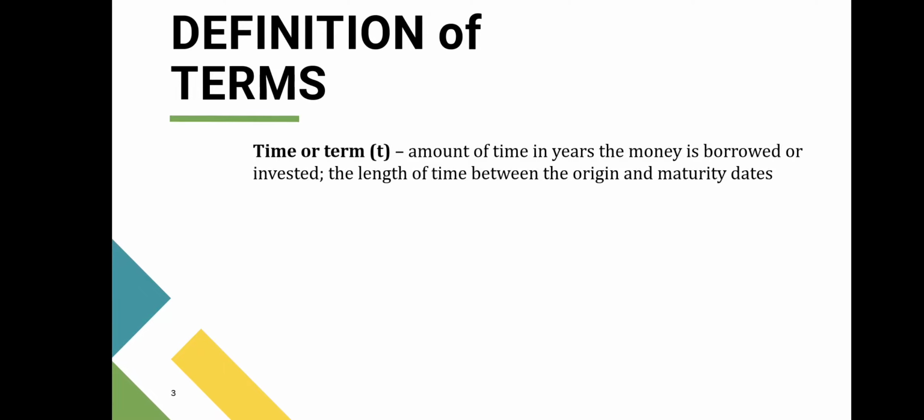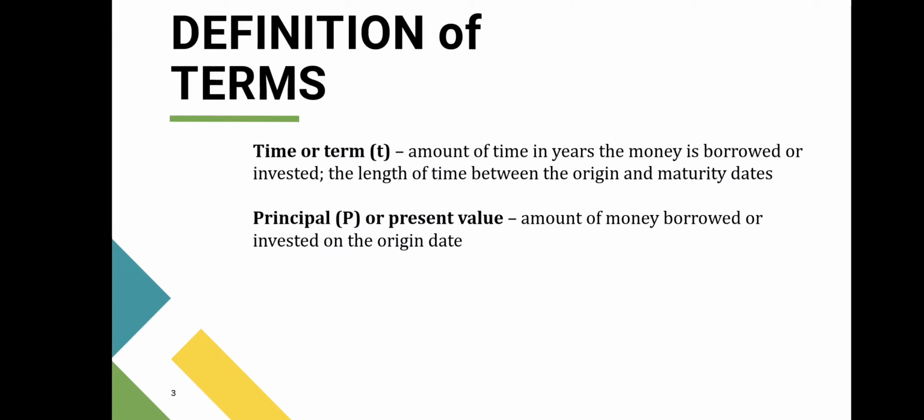Before we proceed to the calculations, let us first have the definition of terms. Time or term refers to the amount of time in years the money is borrowed or invested. It also means the length of time between the origin and the maturity dates.